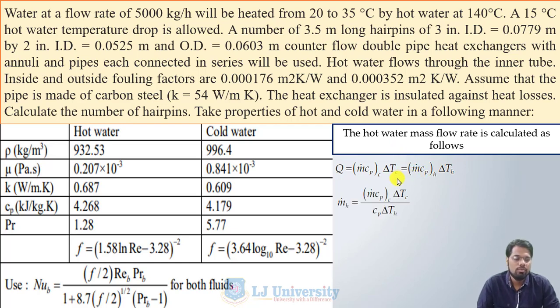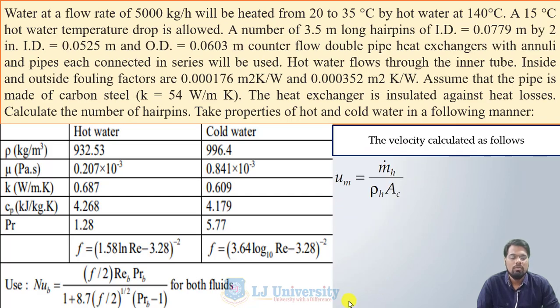So putting the values in this equation, we know the mass flow rate of cold fluid is 5000 kg per hour, so 5000 divided by 3600 for kg per second. The specific heat for the water is 4.179, into the temperature difference, which is 35 minus 20. Here the temperature difference is 15 because the temperature drop of 15 degrees is allowed. So after calculating, we will get the mass flow rate of the hot fluid, which is 1.36 kg per second.